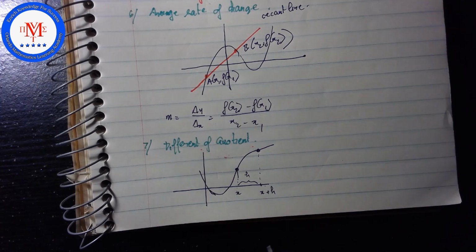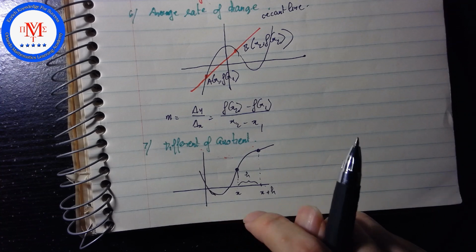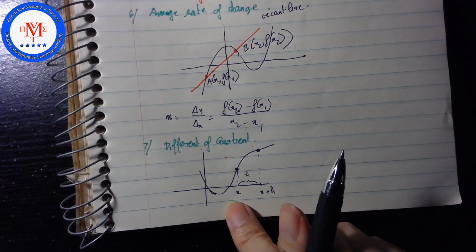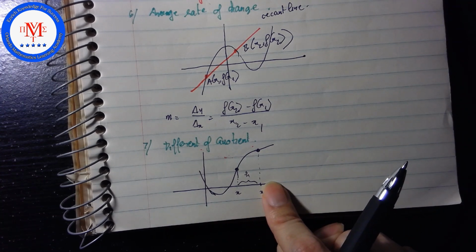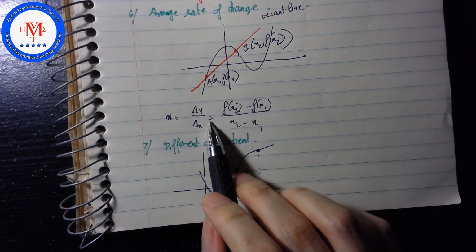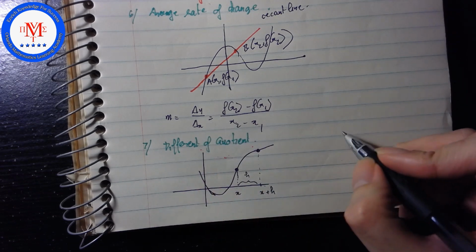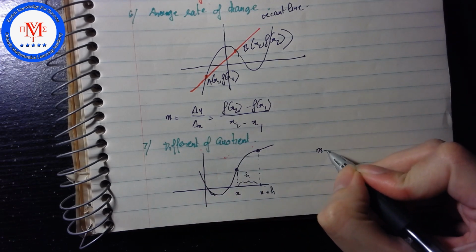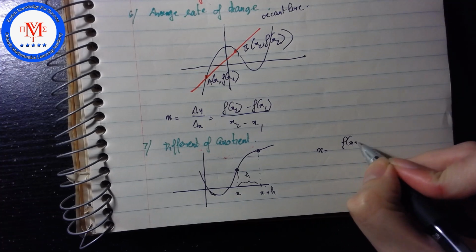So the average rate of change of this function between x and x plus h, we call that the difference quotient, because it's the average rate of change, so we can apply this formula also. So it becomes m equal to f of x plus h minus f(x) over x plus h minus x.